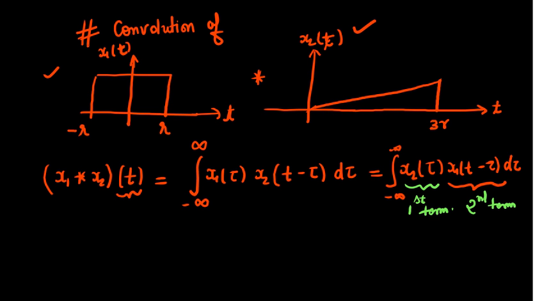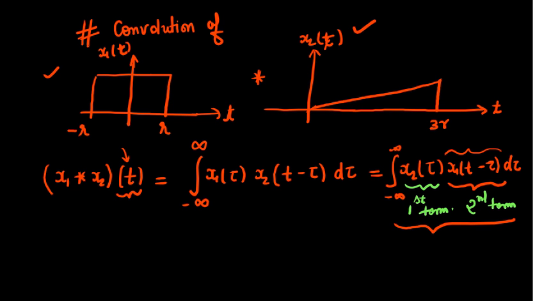We can use either of these two definitions: the integral of x1(tau) x2(t minus tau) d tau, or x2(tau) x1(t minus tau) d tau. I am going to use this second formula, and the justification is that to get the second term we first have to take the mirror image of the signal with respect to the y-axis and then shift it, and the shifting depends on the observation time t.